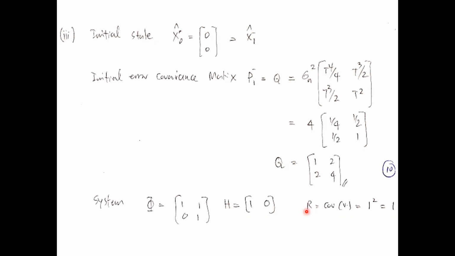What about R? R is the sensor noise covariance, right? It is given as 1. The variance is given as 1. So 1 square is also 1. So we know Q, we know R. There you can see Q is slightly bigger than R, okay? So R is the measurement. So you rely on the measurement a bit better.